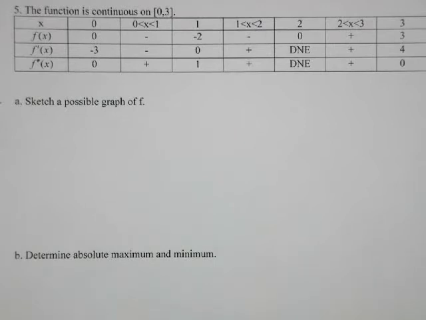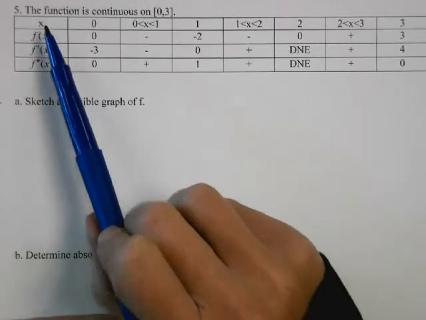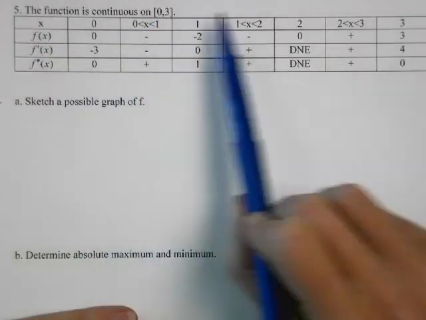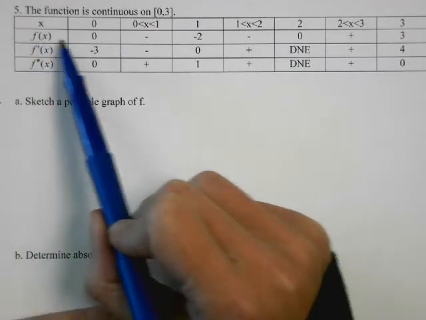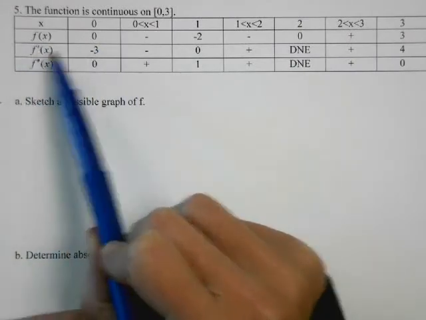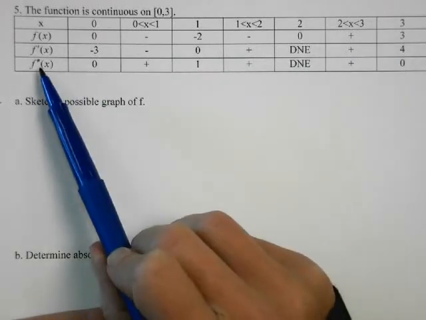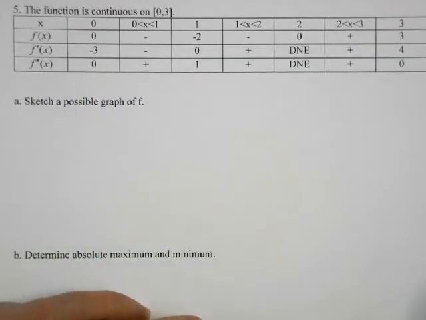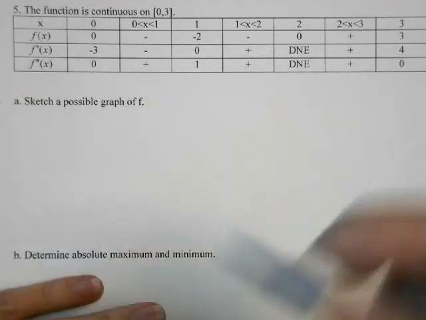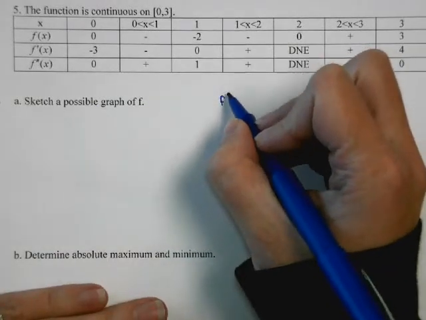This next problem, we have a table with a lot of information. So we have x from 0 to 3, so 0, 1, 2, 3. We have the function values, we have the derivative values, and what's happening to the second derivative. So we're going to try to draw a graph.